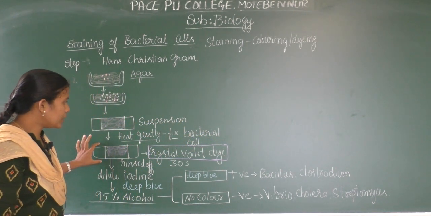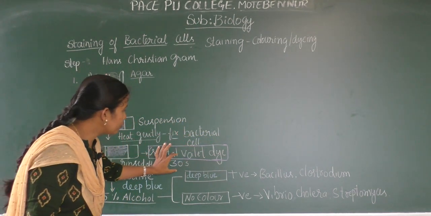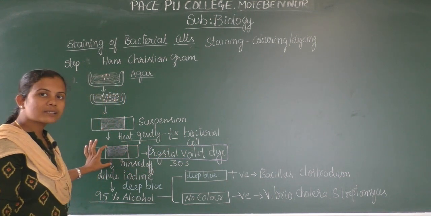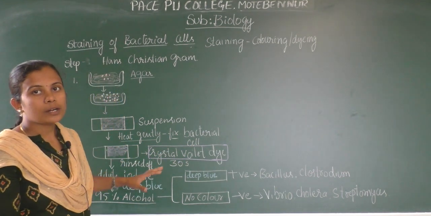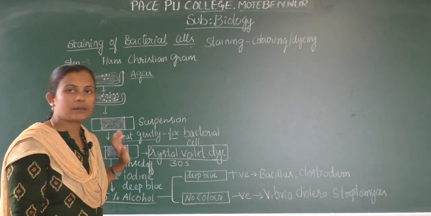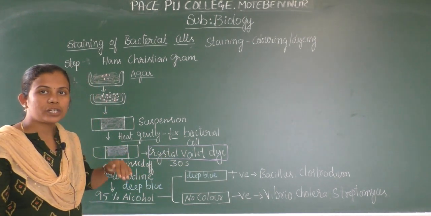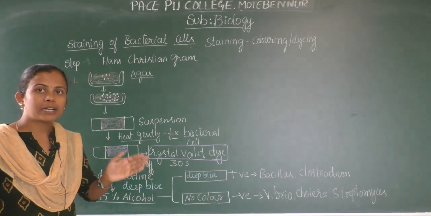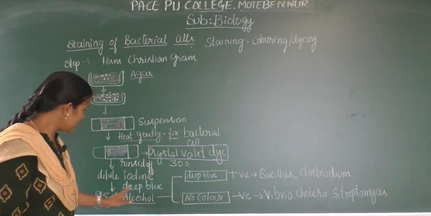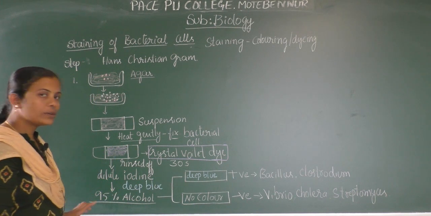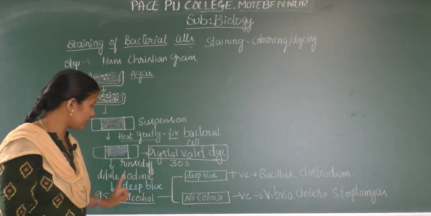Later, it is treated with crystal violet dye for 30 seconds, which makes the cells turn crystal violet color. Then it is rinsed off with water by positioning the glass slide slantingly, and then again it is treated with dilute iodine, which gives deep blue color.